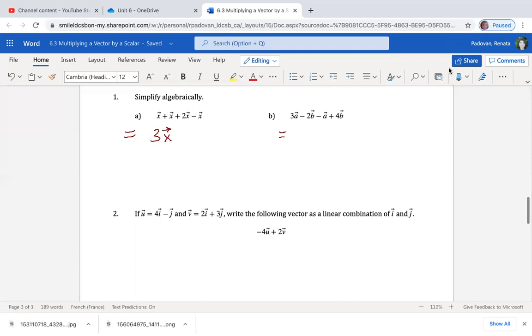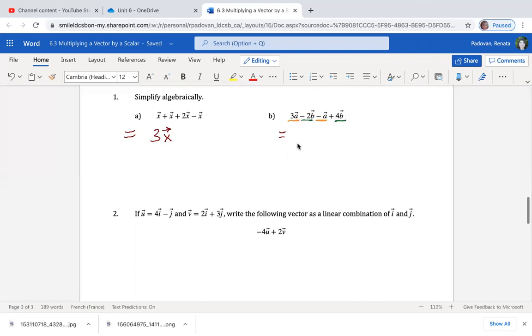I'm underlining my A vector and negative 1A vector. I could also underline on the bottom my negative 2B vector and positive 4B vector. And again, the sign in front belongs with the number afterwards: the negative belongs with the 2, the positive belongs with the 4.